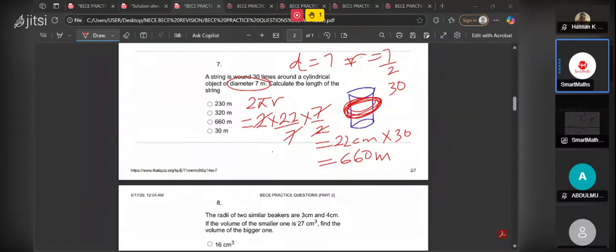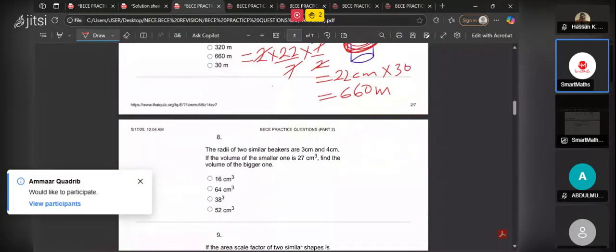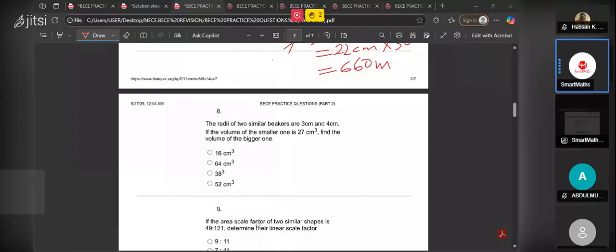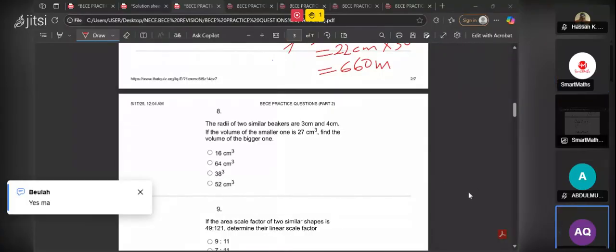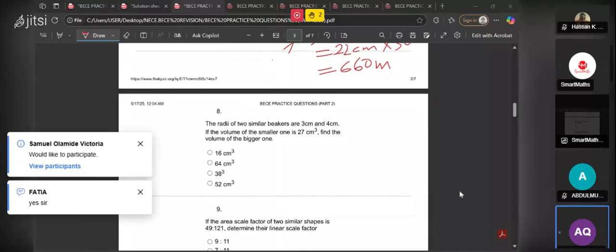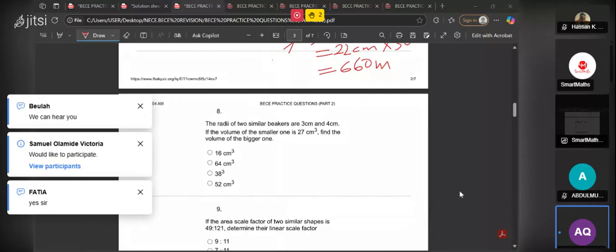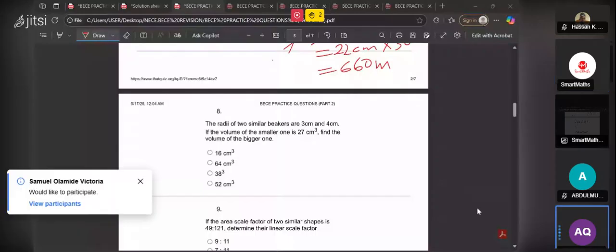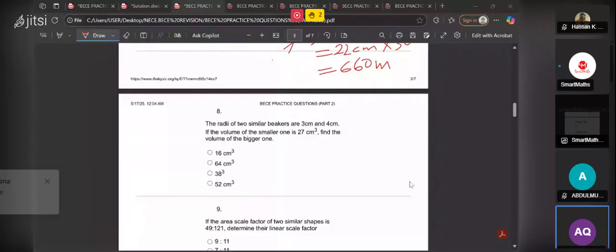All right, we move to question 8. I believe everybody can hear me. Ammar, what, you raised your hand? Your voice is breaking. That's your network.